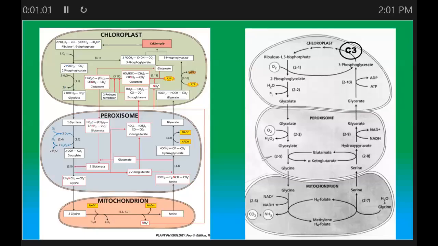And so we were looking at this idea that the first enzyme in the C3 cycle, rubisco, can take either carbon dioxide or oxygen into its active site.